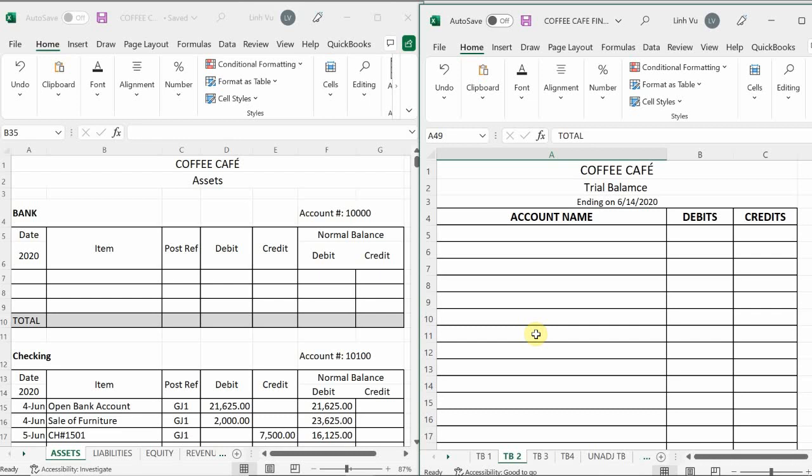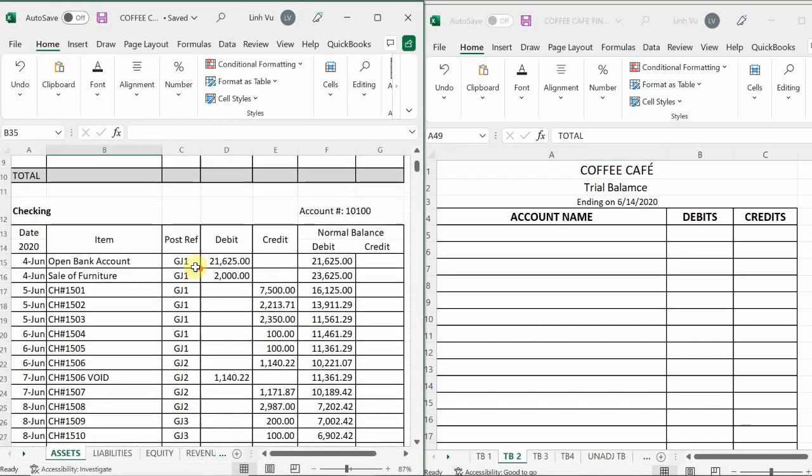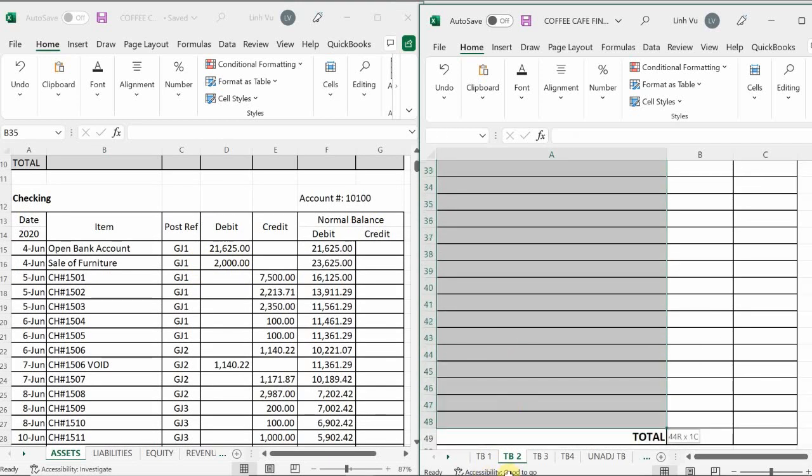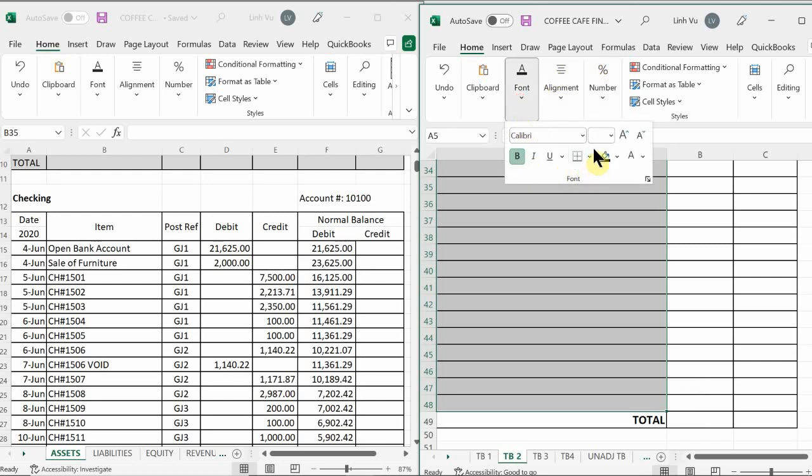So again, we're going to go through every single account on here. Starting with our assets, we've got the bank account. We already know there's nothing there. The first thing we're going to look at is our checking account. Yes, I currently have a checking account balance.